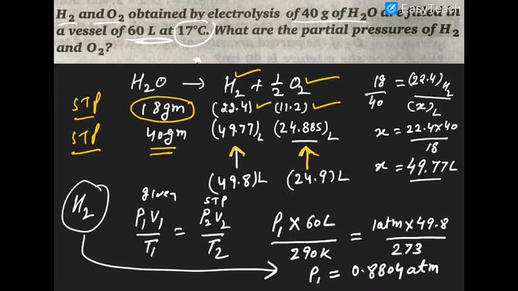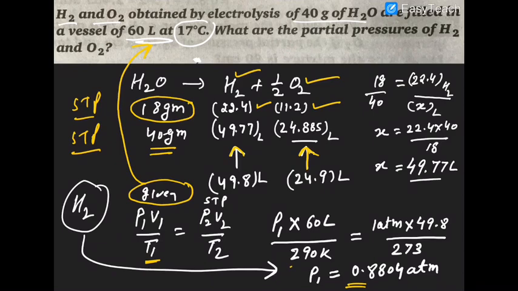So first you calculate hydrogen under the given set of conditions. That volume is 60 liter and the temperature is 70 degrees Celsius. So you will put that value here, and you will get the partial pressure of H2 in this vessel, that is equal to 0.8804.